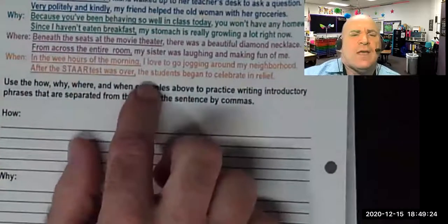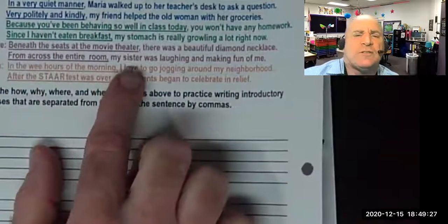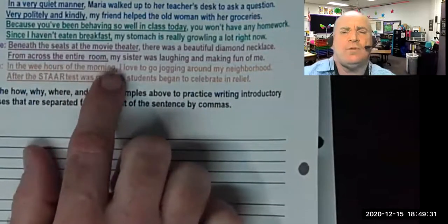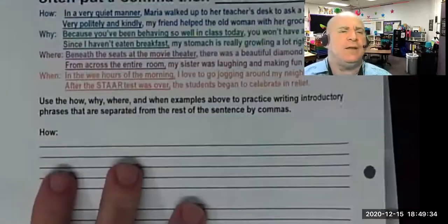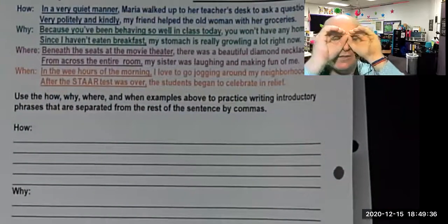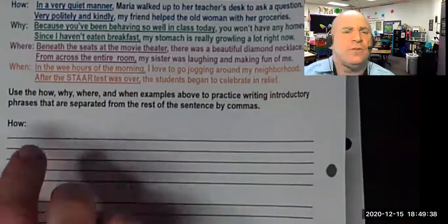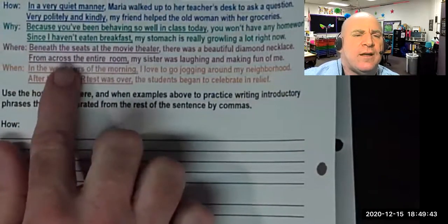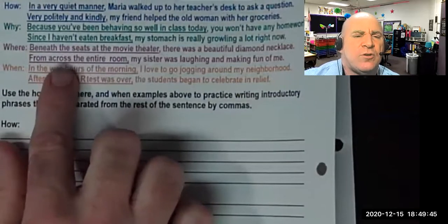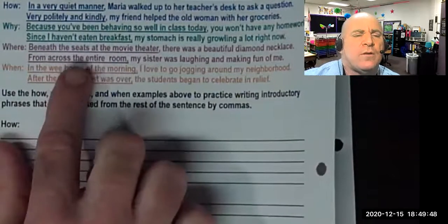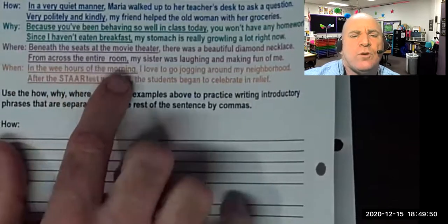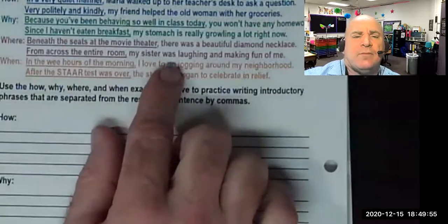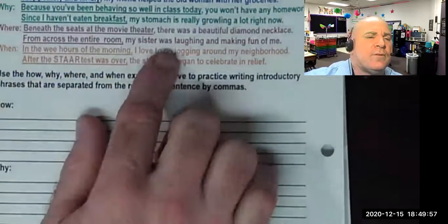Another where, capital, the traditional way. My sister was laughing and making fun of me from across the entire room, period. And you flip it and tell me where she's at. Capital, from across the entire room. There's not a subject and a predicate there, so this is just an introductory phrase that has 4 words or more, so we would separate with a comma. My sister was laughing and making fun of me.